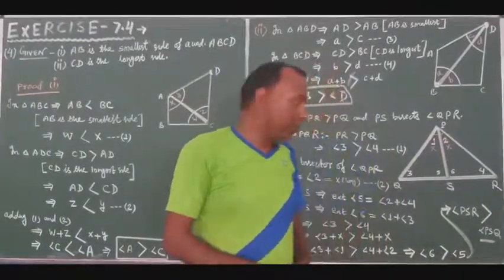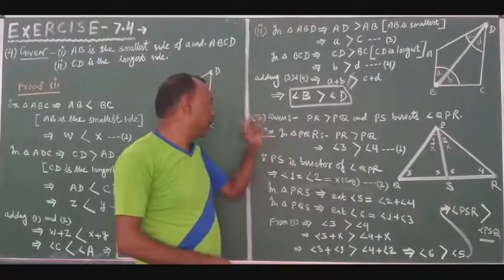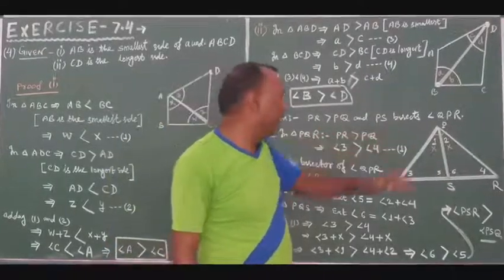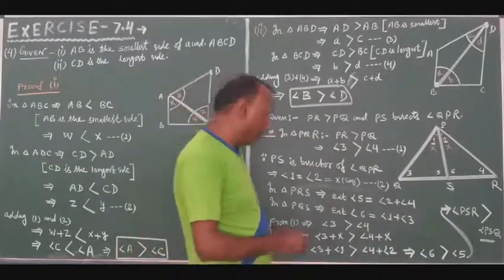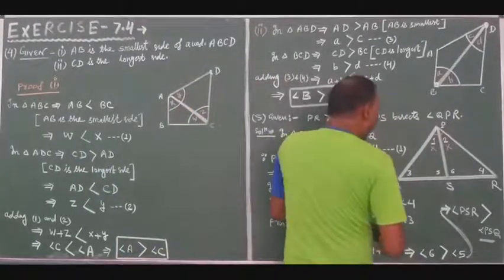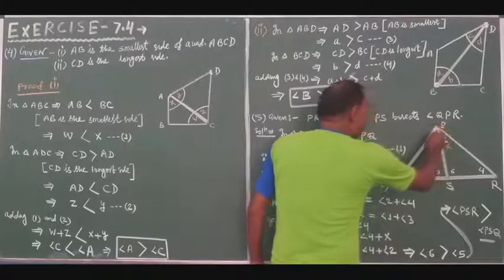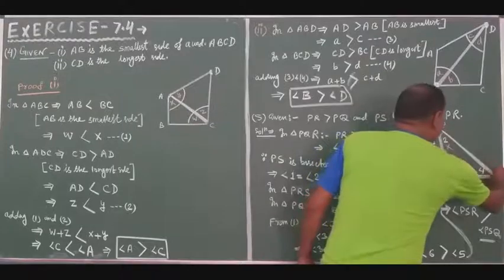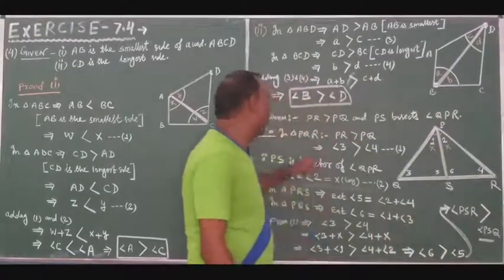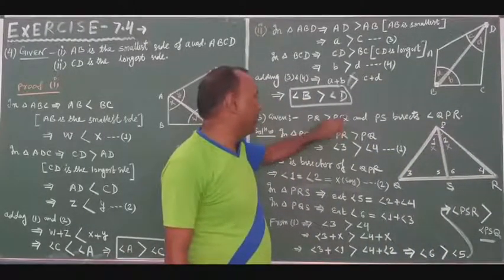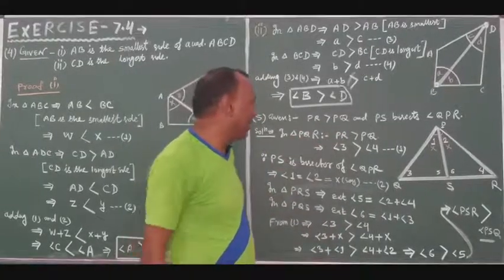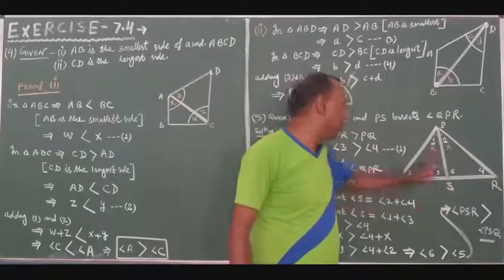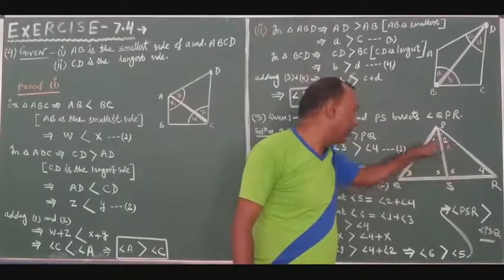Now just look at question number 5. It is given in the figure PR is greater than PQ. This is triangle PQR. And PS bisects angle QPR.